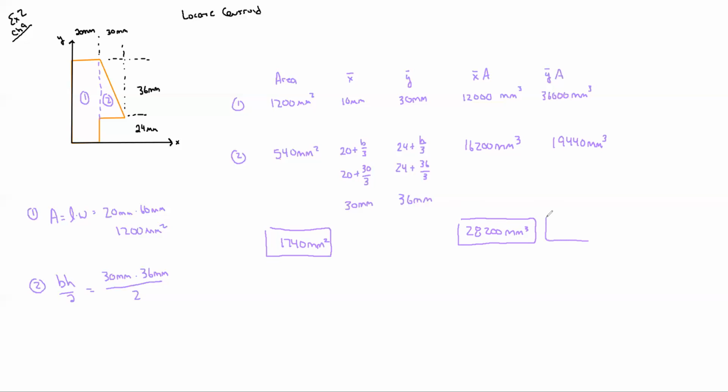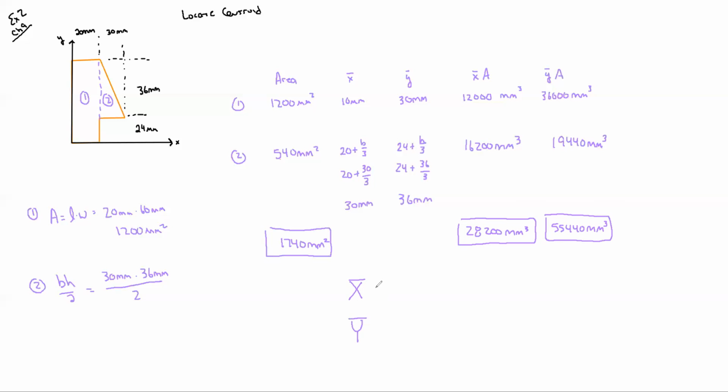And summation of y bar A's, 36,000 cubic millimeters plus 19,440 cubic millimeters is 55,440 cubic millimeters.